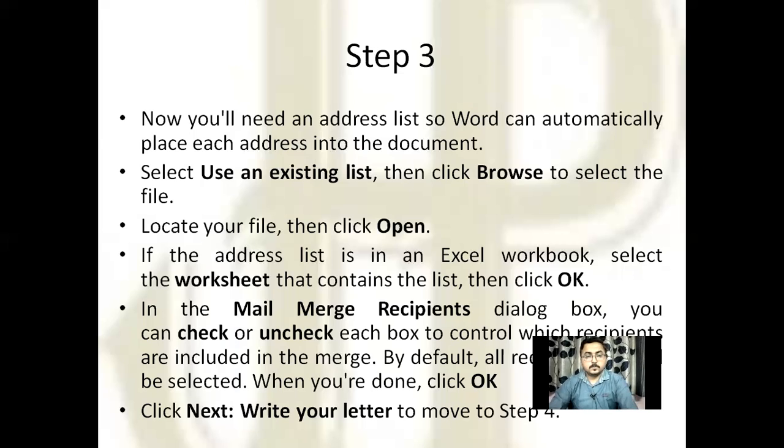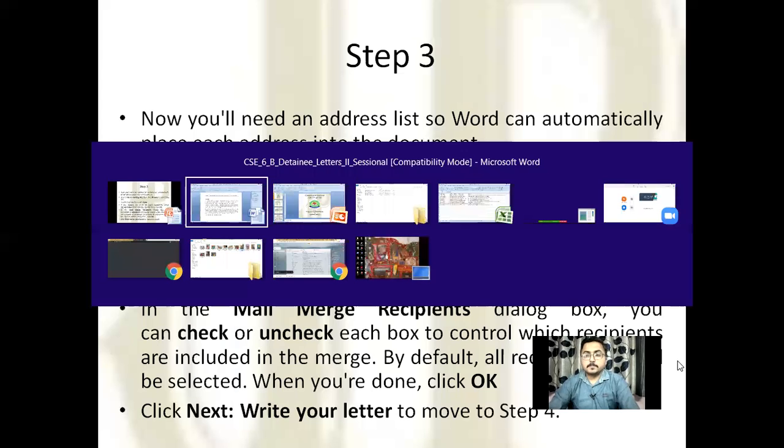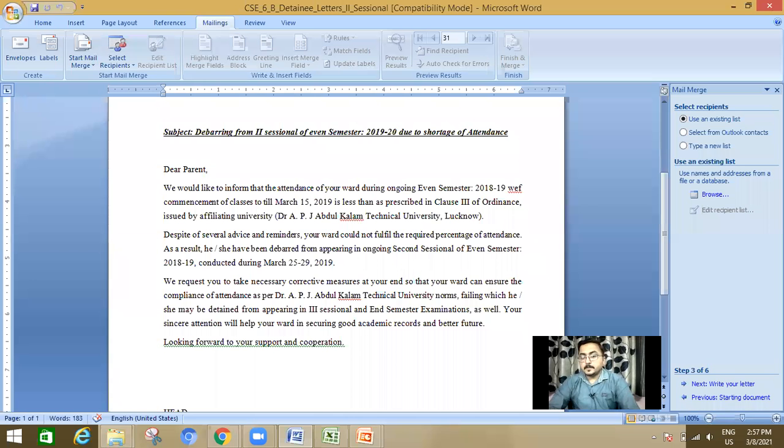So, what is to be done in step 3? Here, there are various options given: Use an existing list, Select from Outlook contacts, Type a new list. So I have already created one.